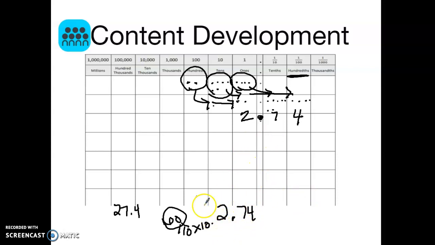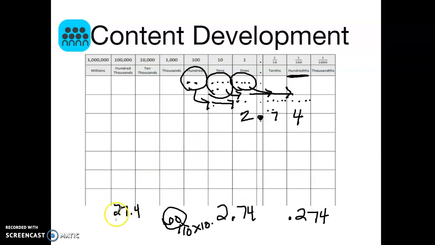Just by looking at this, we can predict that when we divide by 1,000, our number is going to shift even more, and it's going to become 0.274. So your job now is to think about those patterns that you may or may not have noticed when we divided by tens.